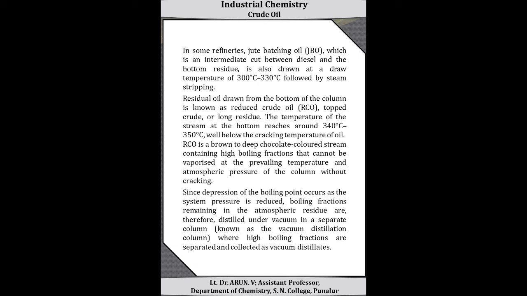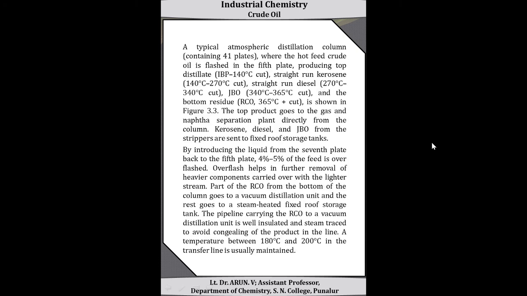Since the depression of boiling point occurs as the system pressure is reduced, boiling fractions remaining in the atmospheric residue are therefore distilled under vacuum in a separate column, known as the vacuum distillation column, where high boiling fractions are separated and collected as vacuum distillates.